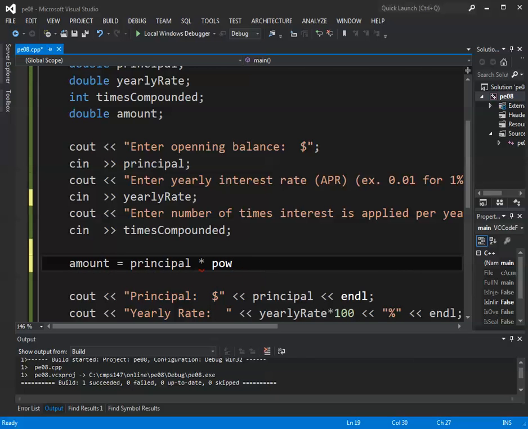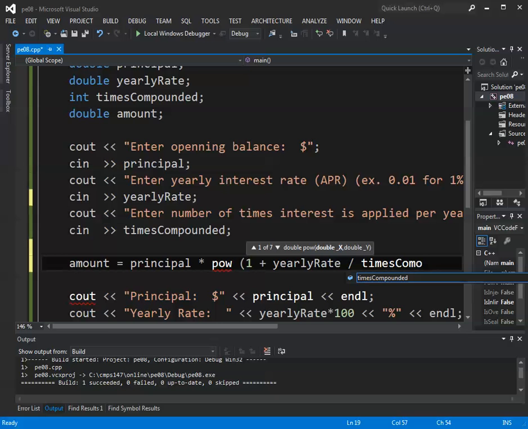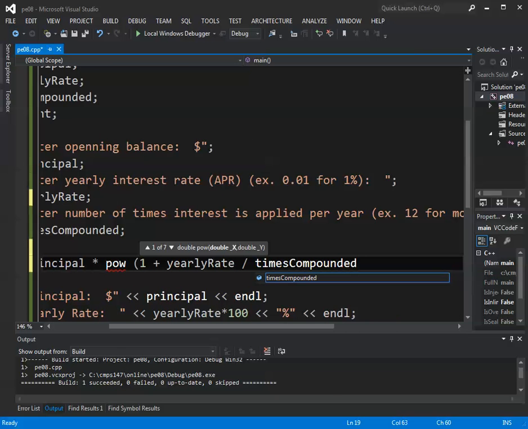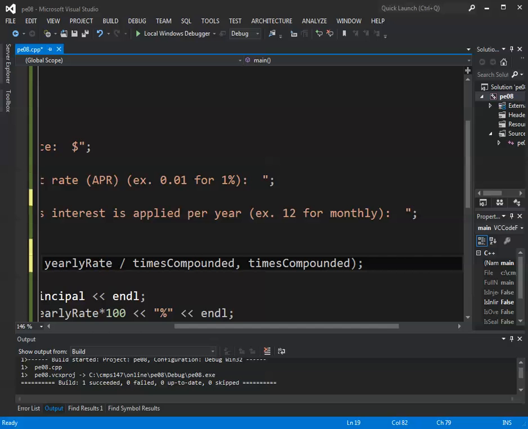So this is going to be power 1 plus yearly rate divided by times compounded, all raised to the times compounded power.